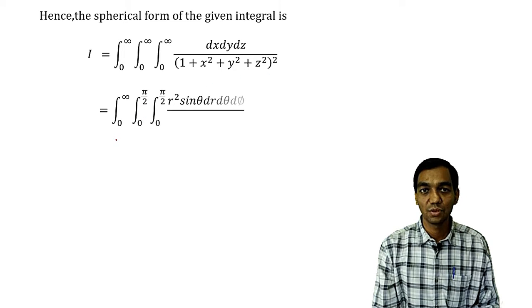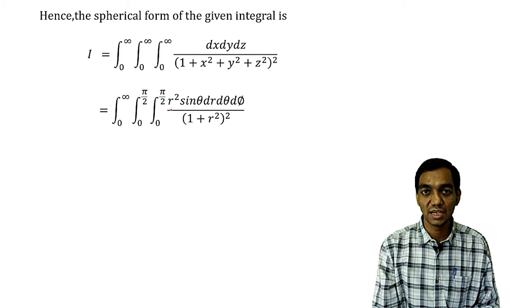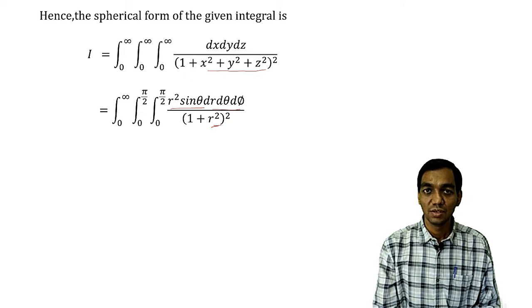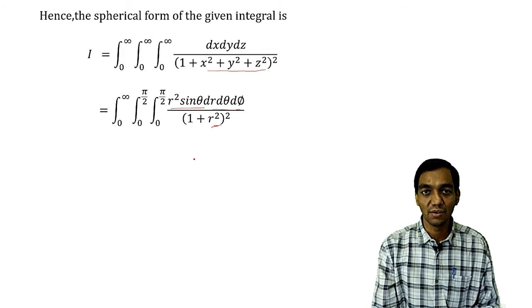It is going to be r from 0 to infinity, theta from 0 to pi by 2, and phi also from 0 to pi by 2, r square sine theta dr d theta d phi, because mod J is r square sine theta and dx dy dz will be replaced with the new coordinates r, theta and phi. In the denominator you have x square plus y square plus z square, but that is going to be r square.